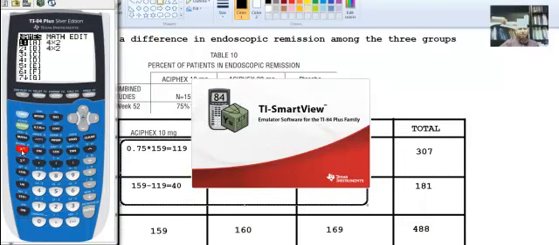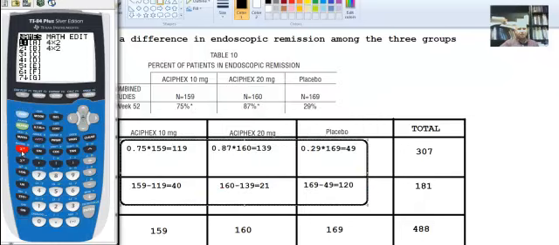Let's do it together. Now go to edit. In mine it's 4 by 2, so I have to change it. You already have 2 by 3, so you're in better situation. Then I'll enter these numbers in.